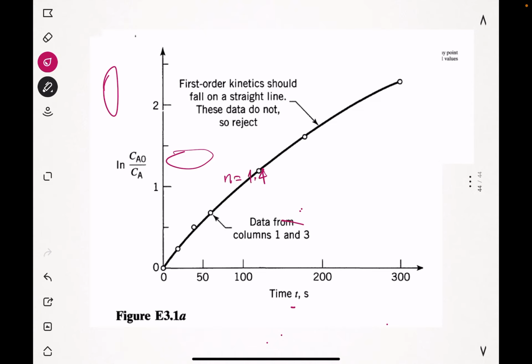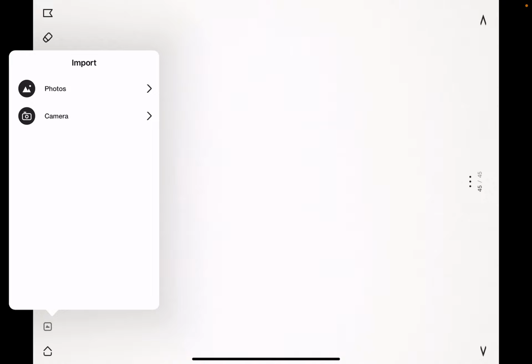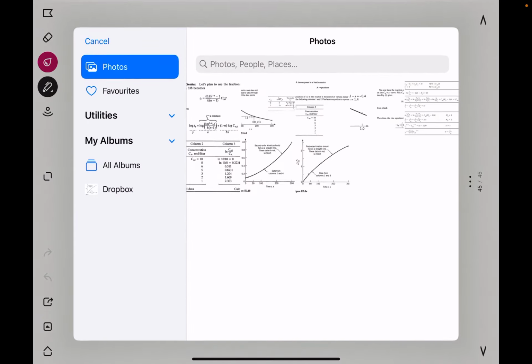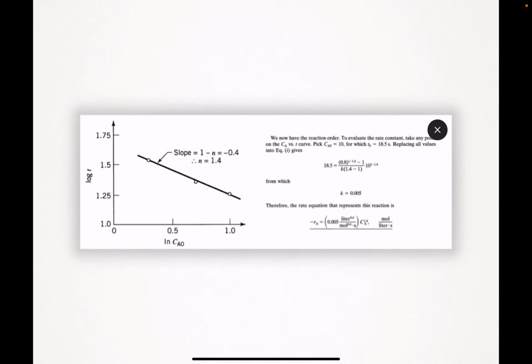And from the fractional life method, let me bring it again. We can see the slope is negative 0.4, which gives us an order of 1.4. So probably those plots already gave us an indication that there is a chance of the order being between 1 and 2.